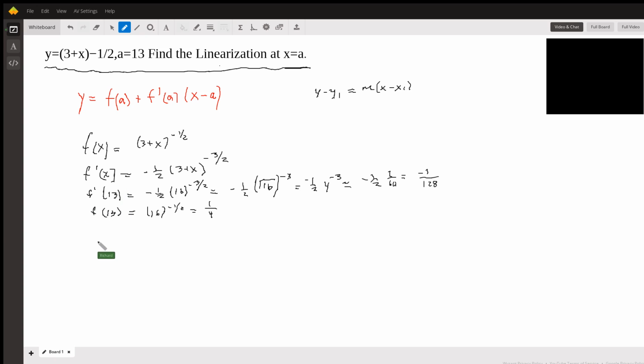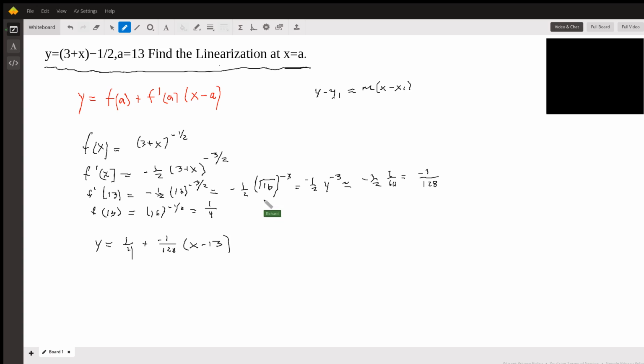Okay, so now we're ready to go. So y is equal to f of a, which is 1/4, plus f prime of a, which is negative 1 over 128, times x minus 13. And that's it. We've done it.